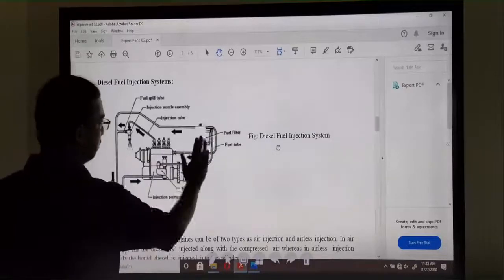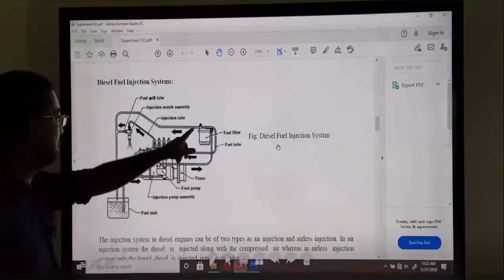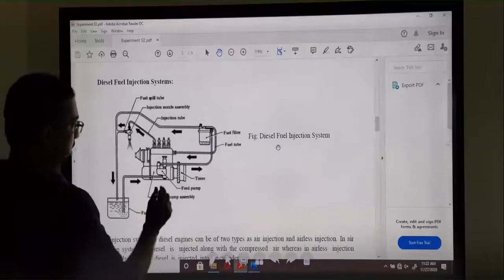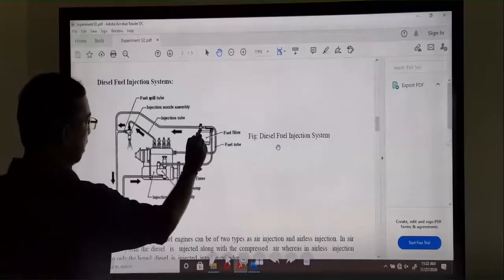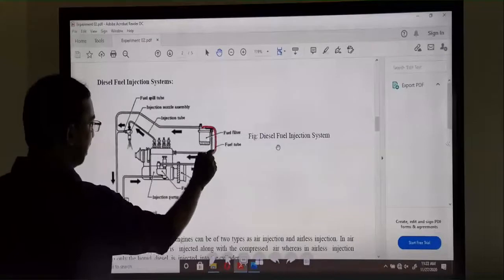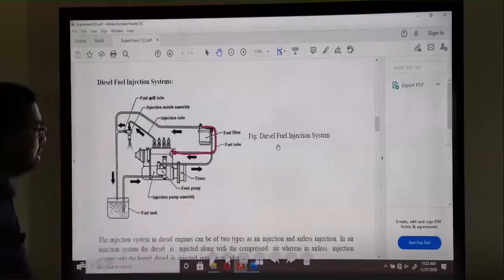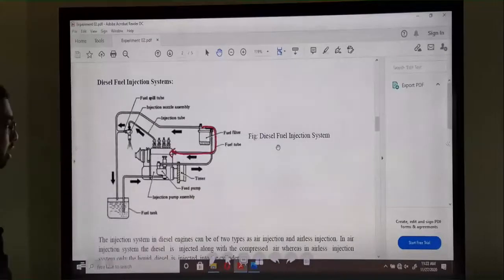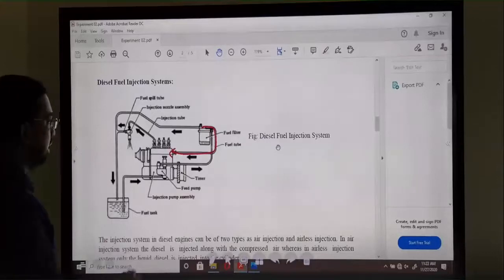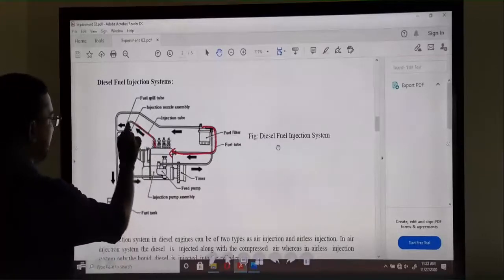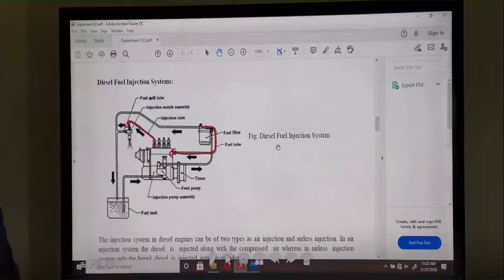After this cleaning process, the fuel is sent to the injection pump. Then the fuel is supplied with high pressure to the injector.